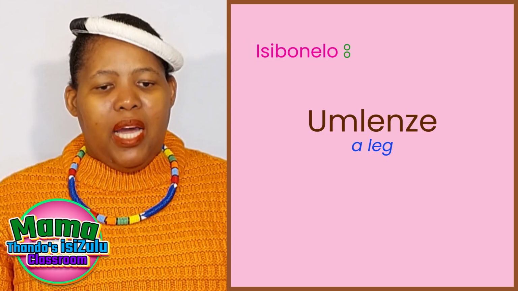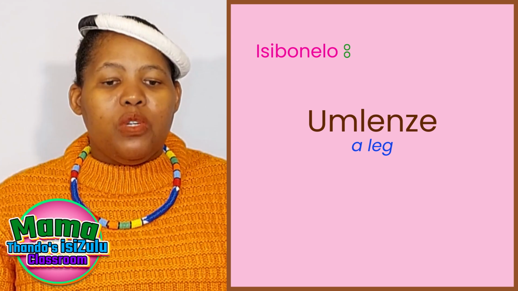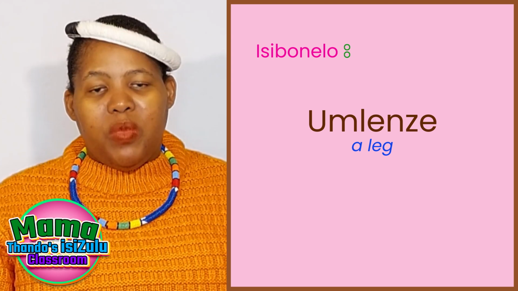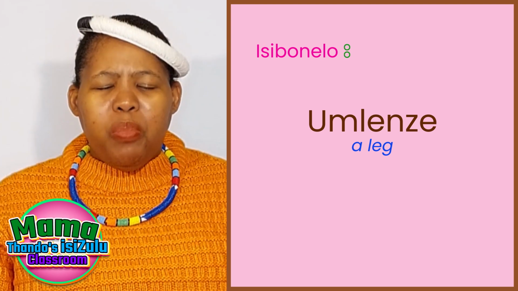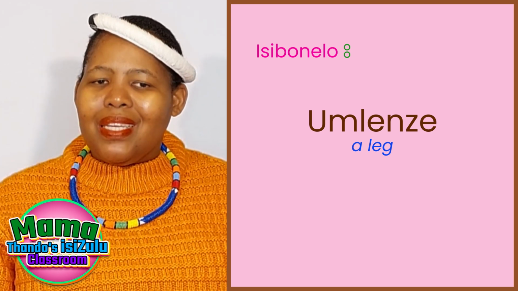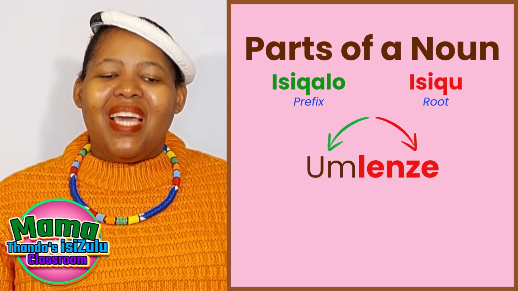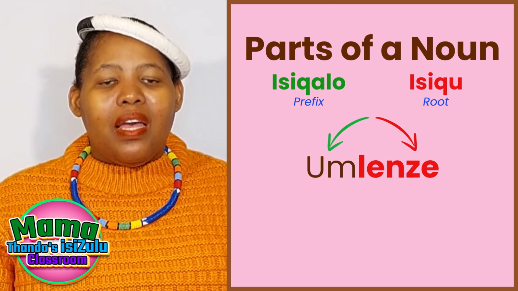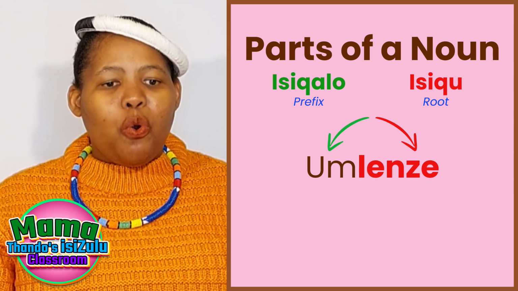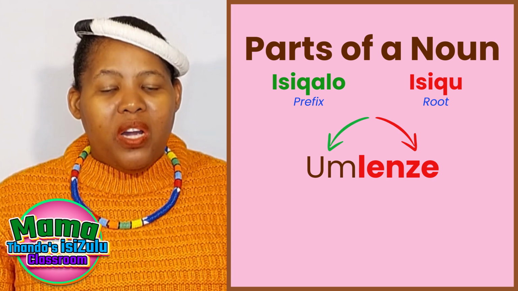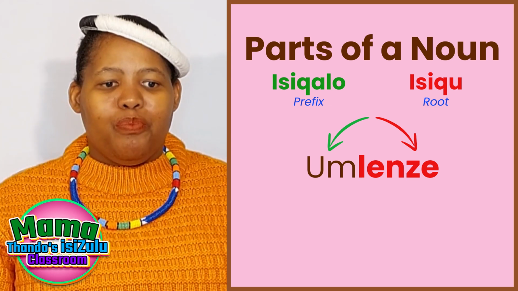Look at this noun, umlenze. We spoke about umlenze already. We looked at how to make it singular and how to make it plural. Now, umlenze, which part of it is isiqu? Yebo mngani, that part that doesn't change, lenze, that is isiqu, the root, the body of the noun, the part that does not change.